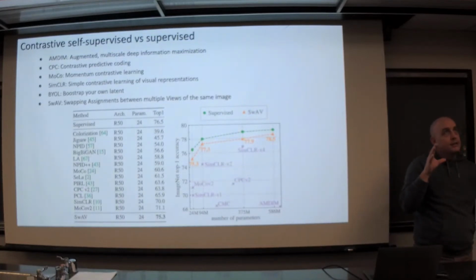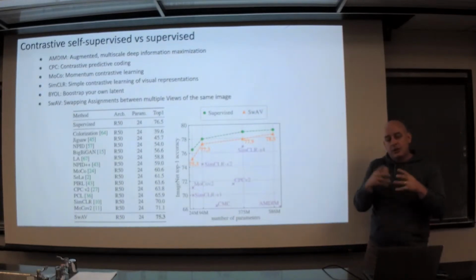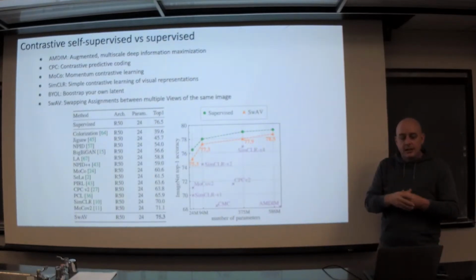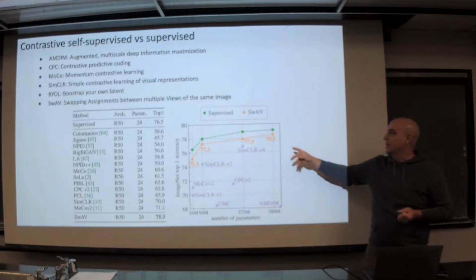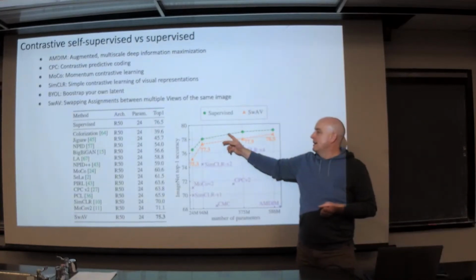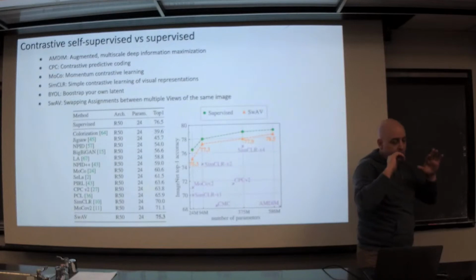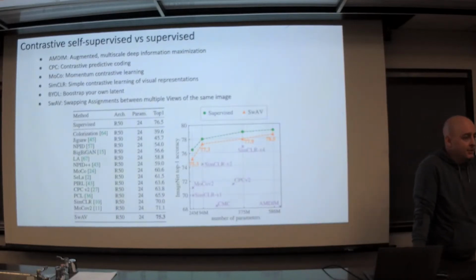So learning features in this crazy way, with contrastive learning in a self-supervised way, you learn good enough features that you're almost as good as a straightforward supervised classifier on ImageNet.